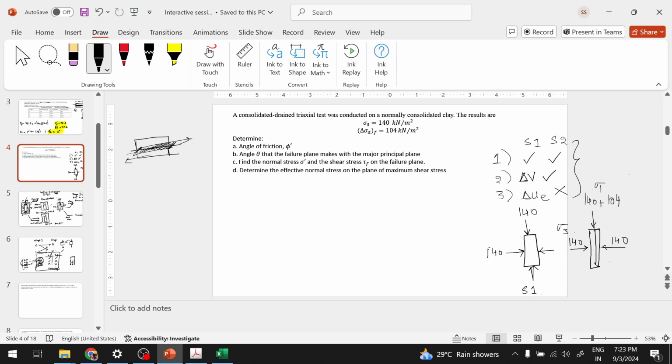Okay, and it was always horizontal. But that is not always the case. In soil, the soil will fail along the weakest plane, isn't it? And you cannot direct the soil how it should fail.